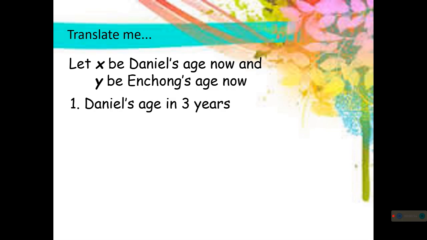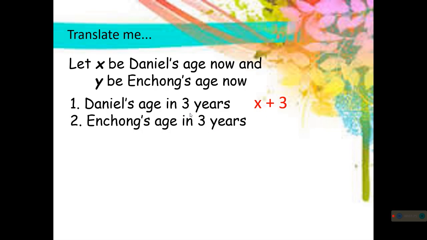For our first example, let us have Daniel's age in 3 years. So you are going to translate this using this representation. Daniel's age in 3 years. How are you going to translate that in symbol? Yes, since Daniel is represented by X and we have here age in 3 years, so we have X plus 3 is correct.